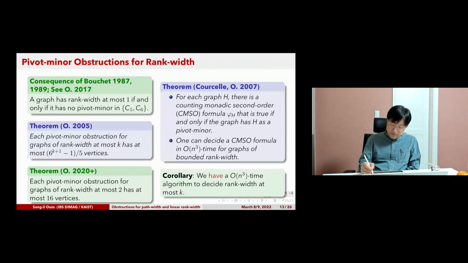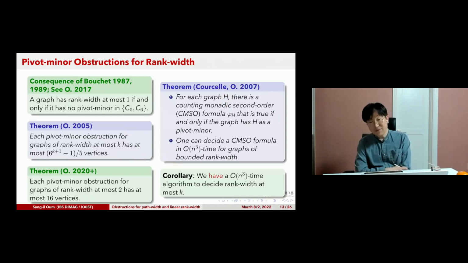Anyway, for all these things, we can deduce the following corollaries. In 2007, Bruno Courcelle and I had a theorem saying that for any fixed graph H, we can construct a logic formula describing that this fixed graph H is a pivot-minor of the input graph. By combining this with that, I could write a logic formula to describe whether or not the rank width is at most k.